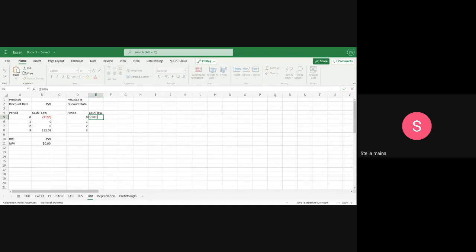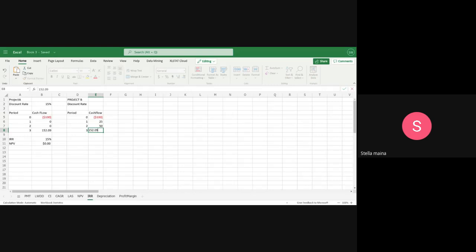We expect a profit of 25 at the end of the first period, a profit of 50 at the end of the second period, and a profit of 152.09 at the end of the third period.